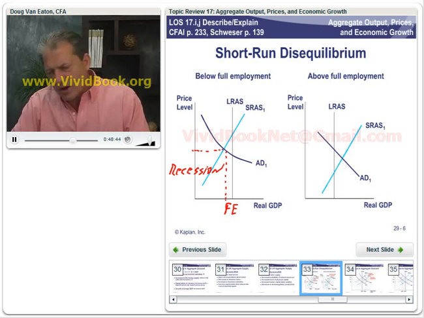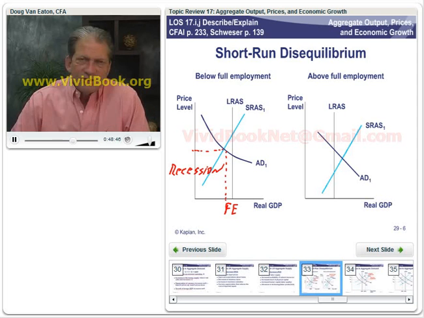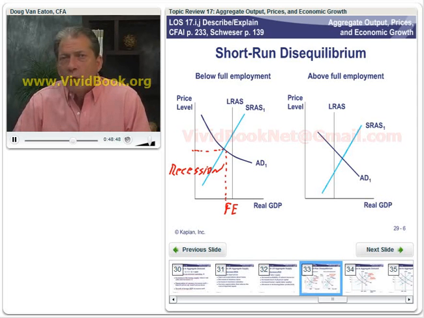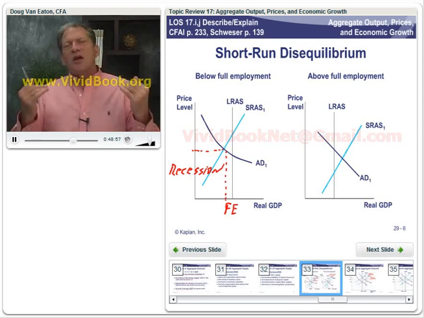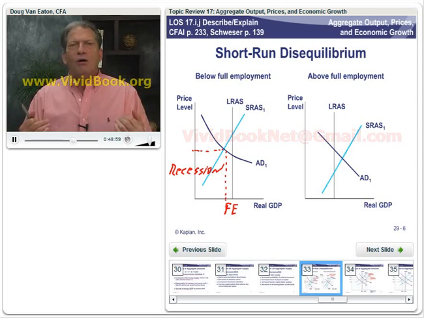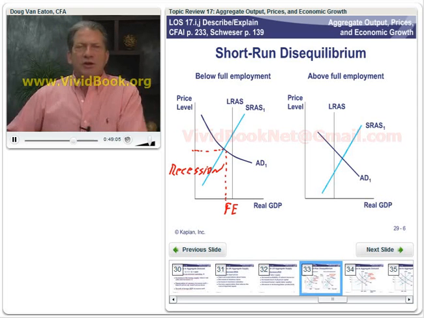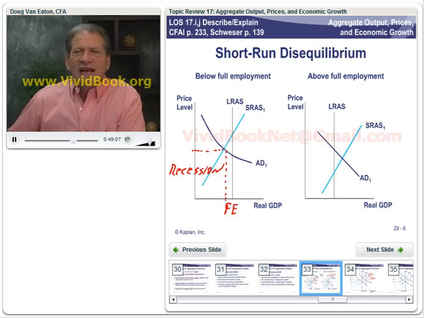They said, oh yeah, if we have a recession, a business cycle swing to less than full employment GDP, what's going to happen is wages and other input prices are going to fall. And decreases in those input prices does what to aggregate supply? It increases it. So it's going to shift it out to the right here, which I think is animated. Let's see. Start out there.